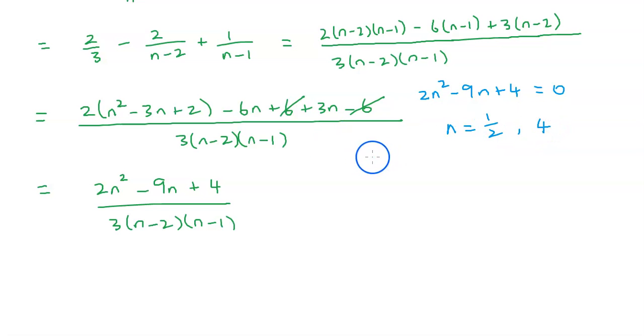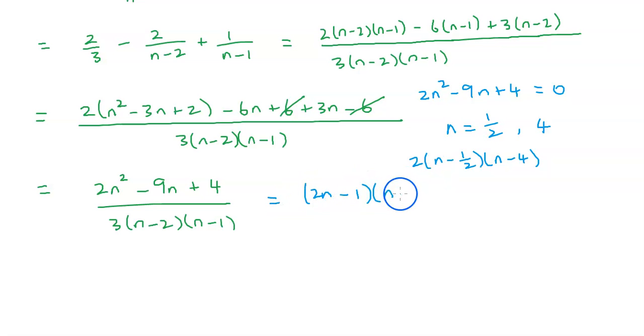And so that means the thing on the top is equal to 2 times n minus a half times n minus 4, which means 2n minus 1 times n minus 4, and then the whole thing divided by 3 times n minus 2 times n minus 1. And so we're done.